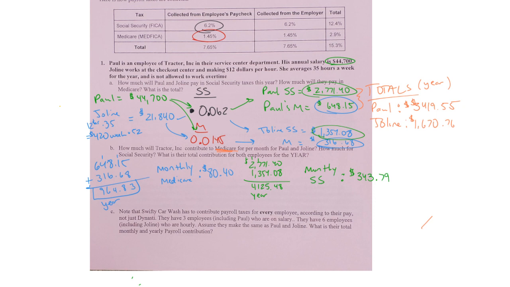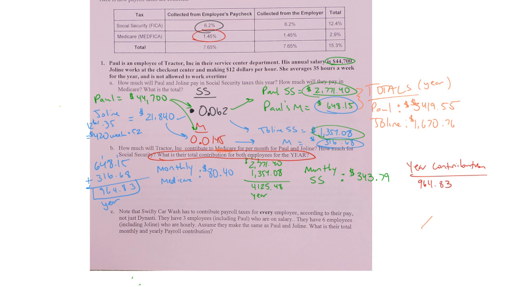Now, what is their total contribution for both employees for the year? So all I'm going to do is I'm going to take $964.83. I'm going to add it. So the year contribution is going to be $964.83.